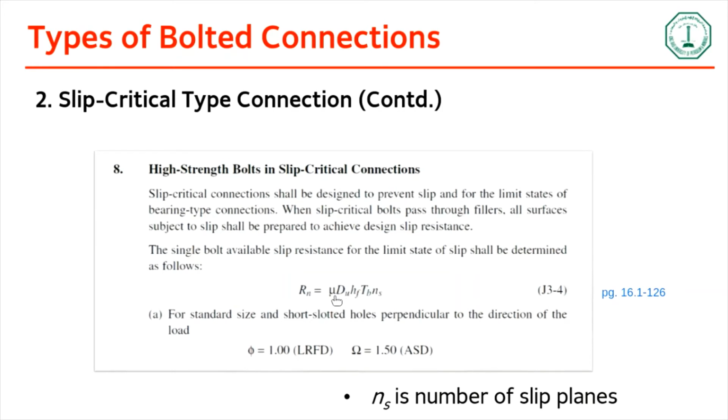For example, in this case, the phi value is 1, and then the mu value is given to you. The value of mu could be either 0.3 or 0.5. Okay, so 0.3 is given on the page. A mu value of 0.3 corresponds to class A surface. Okay, and class B has a value of 0.5.